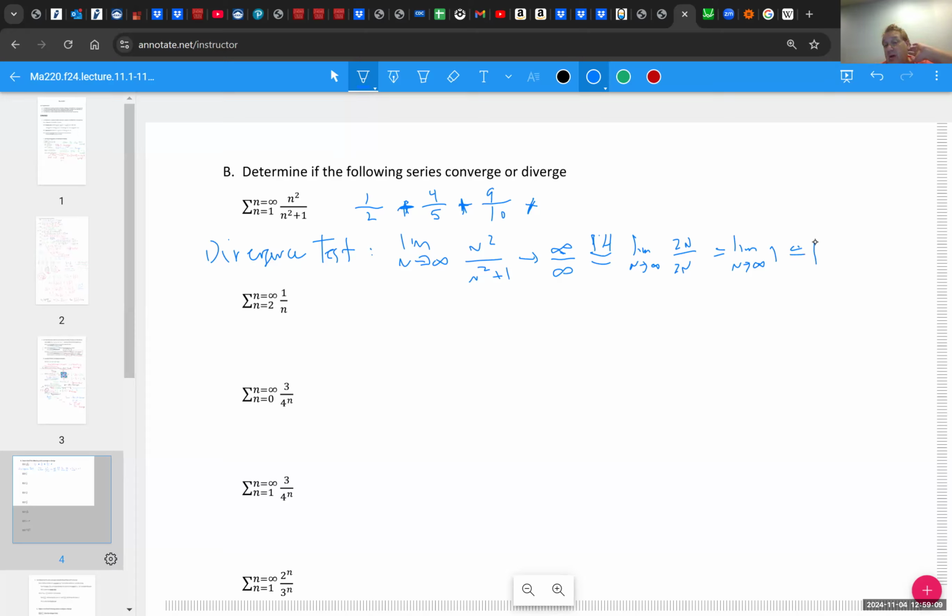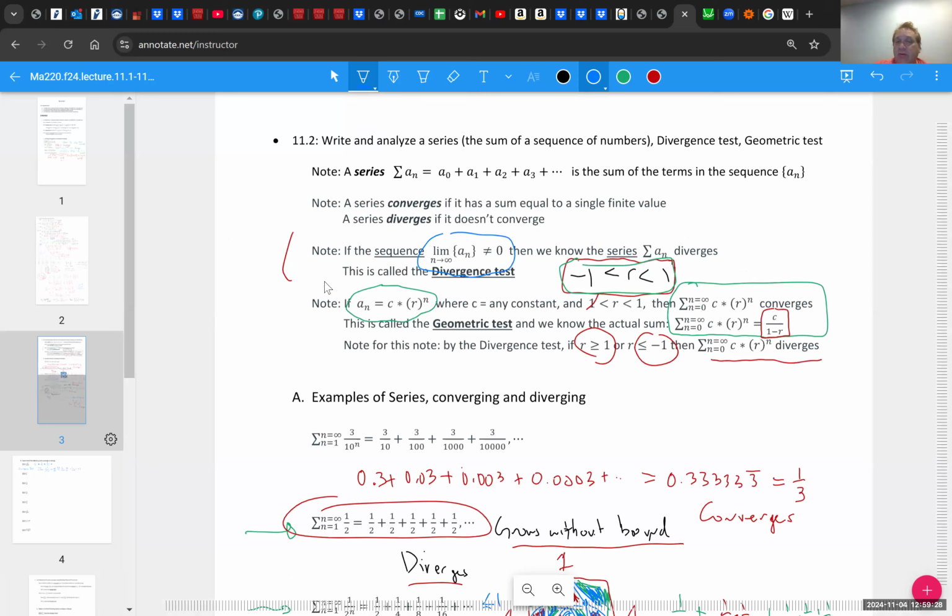All right. So the limit of the sequence n squared over n squared plus 1 is equal to 1. What does that tell us about the series n squared over n squared plus 1, which is 1/2 plus, adding all this together? Well, the divergence test, if you have it in front of you, or if you remembered it, or if you want to jump back to the previous page: if the sequence has a limit that's not equal to 0, we immediately know that the series diverges.